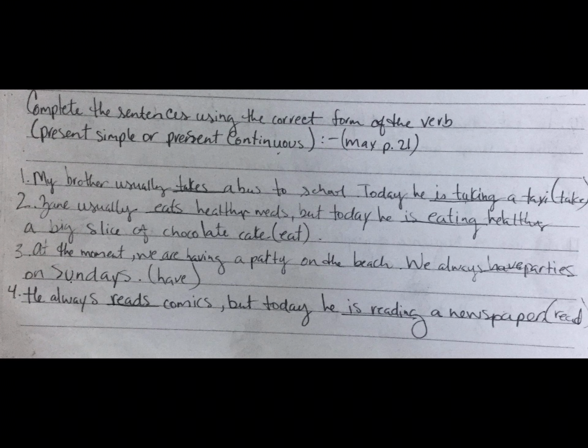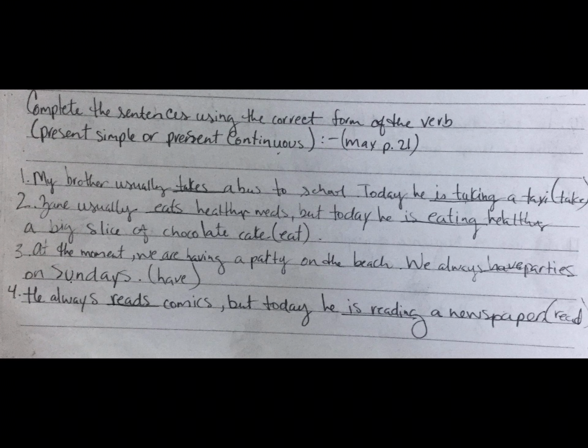And then Zayn usually, we have eat in brackets. Zayn usually eats healthy meals, but today he is eating a big slice of chocolate cake. So usually, we're talking about a habitual action. He usually eats, so we add an S, we know. And then when we're talking about today, present, today he is eating, we added an ing to eat, so it became eating.